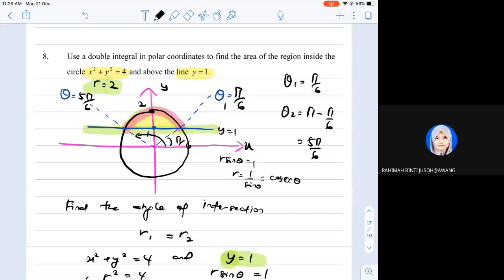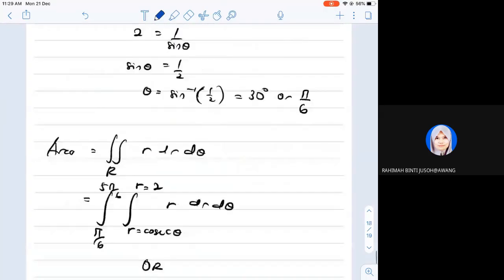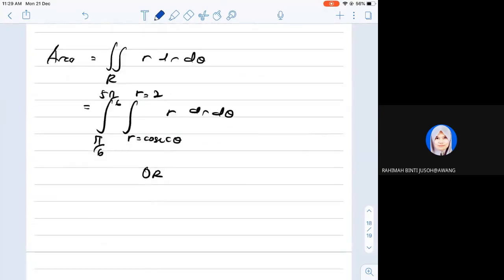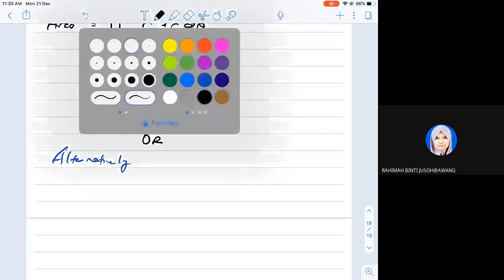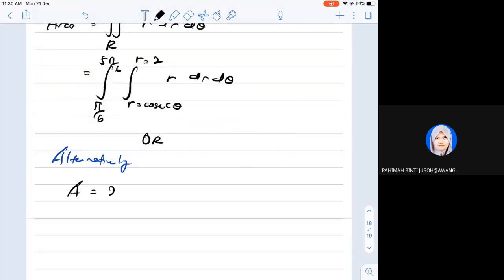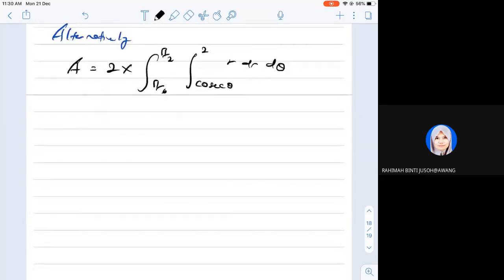So you can consider the angle from pi over 6 until pi over 2. Alternatively, area equals 2 times the integral from pi over 6 until pi over 2 of cosecant theta until 2, r dr d theta. Like this.